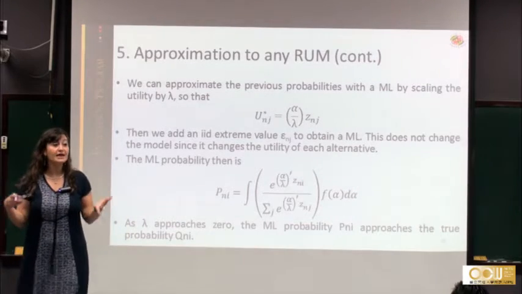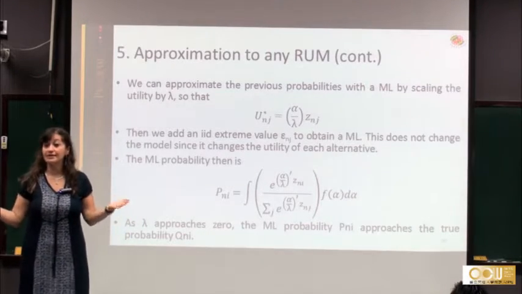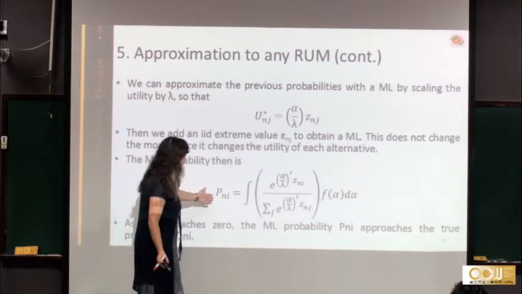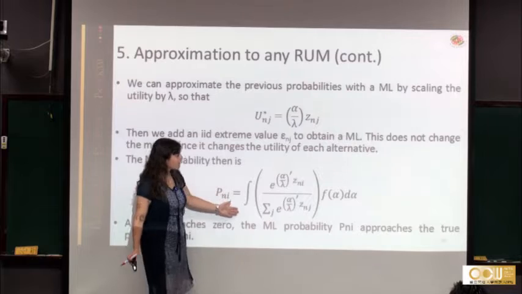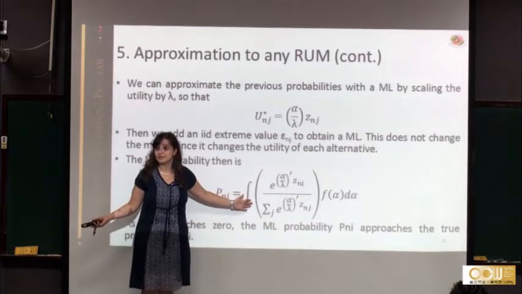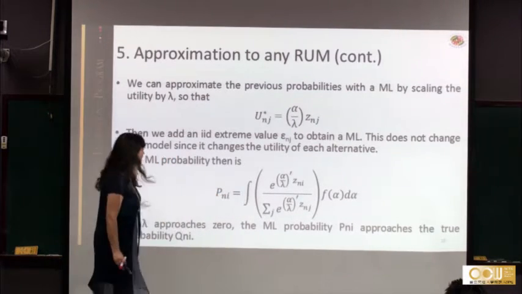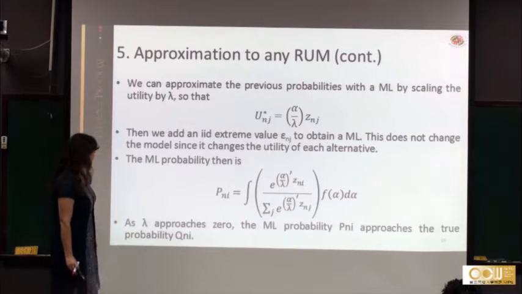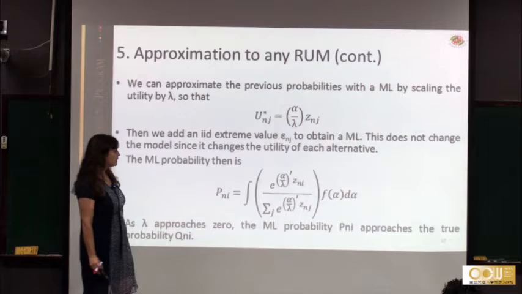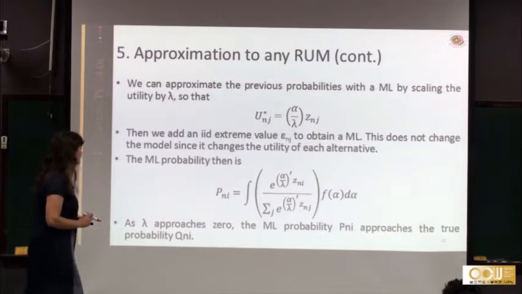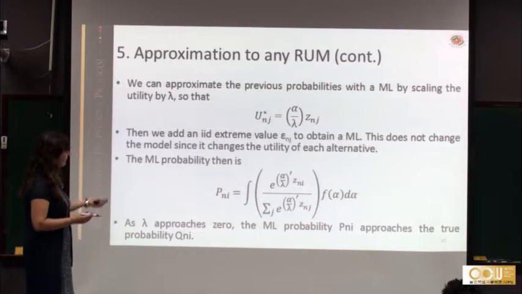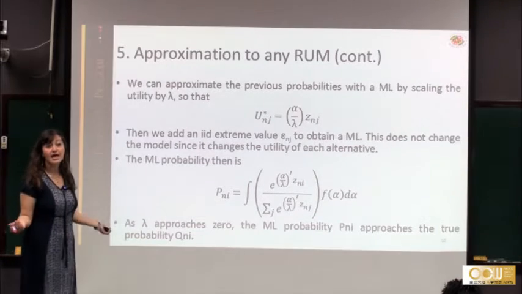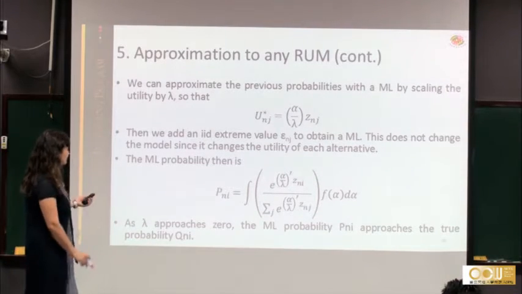Remember that if we add a term to each utility, this does not change the model. And then the probability of n choosing i is this, which is exactly a mixed logit, right? If lambda approaches 0, the mixed logit probability P_ni approaches the true probability Q_ni. And this is the probability of mixed logit. So this is a very general model. You can fit any model under this.